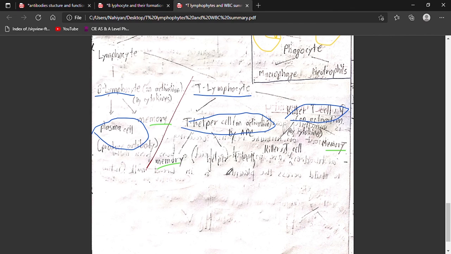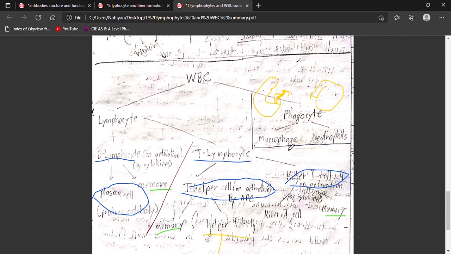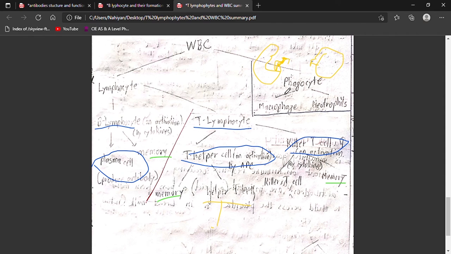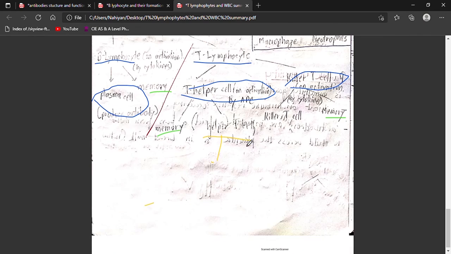The helper T cells that we saw earlier promote more B lymphocyte production by releasing a chemical called cytokines, as I wrote here, on activation by cytokines. They also trigger more production of phagocytes themselves. But ironically, they were triggered by phagocytes which had an antigen in them.